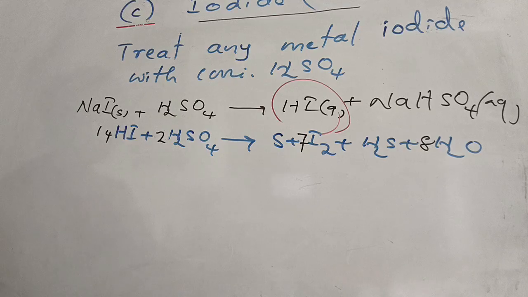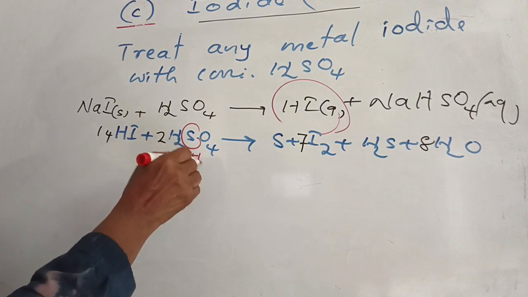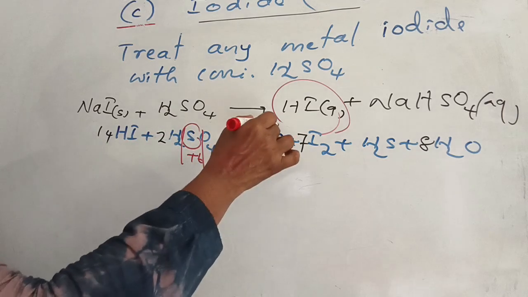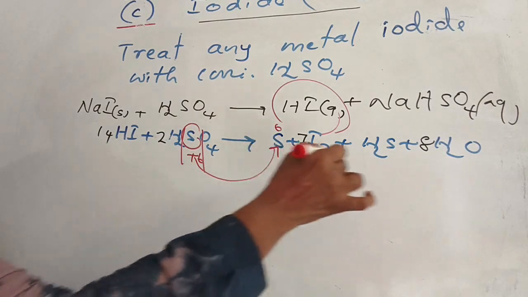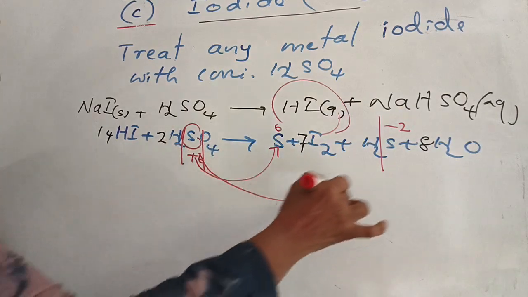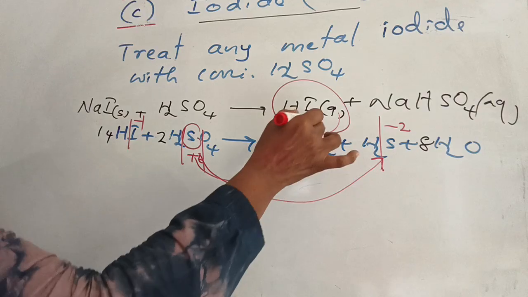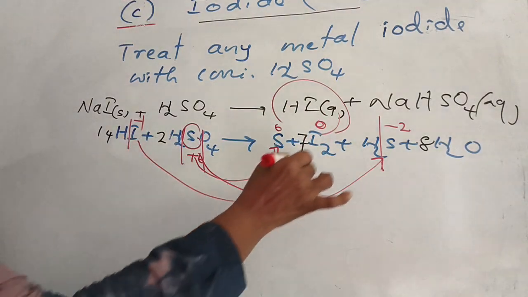As soon as hydrogen iodide is produced, it reacts with sulfuric acid. The plus 6 oxidation state of sulfur changes to minus 2, done by the I minus ion, which changes from minus 1 to 0.